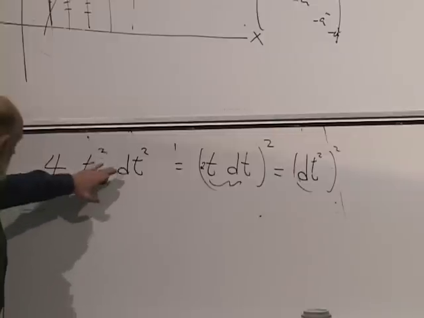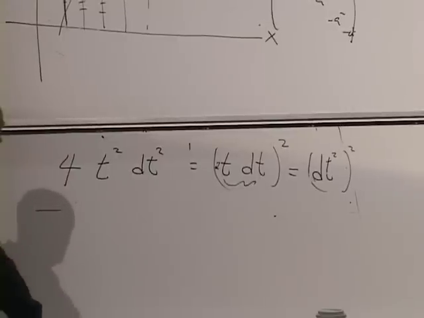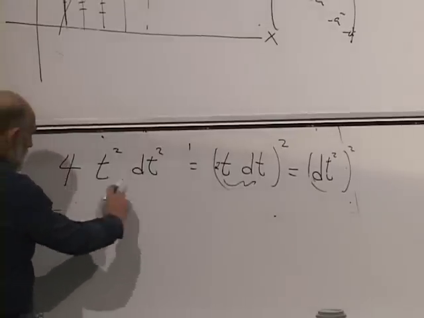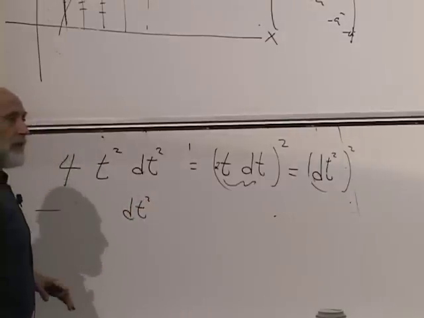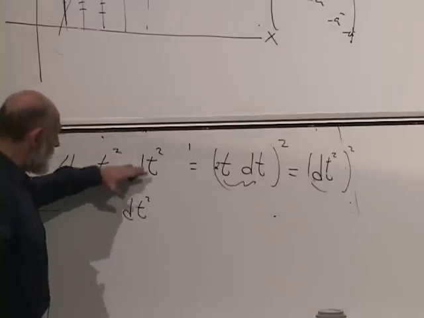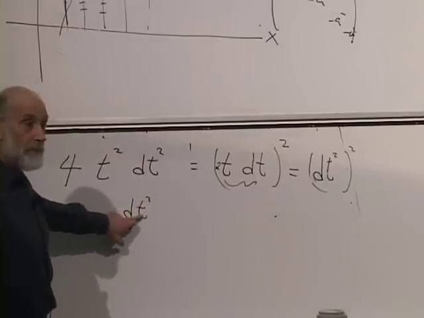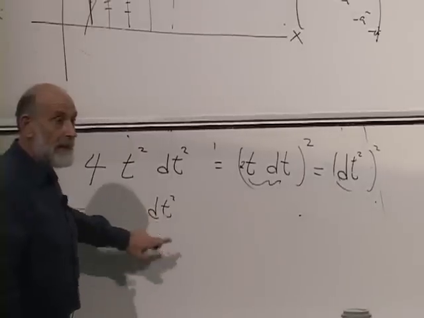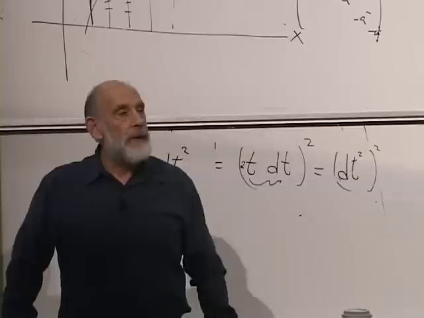Given a thing like this, you can always change variables to a new definition of time where this becomes just dt squared. If it's not dt squared, you can find a new change of the time variable where it becomes dt squared. Yeah? I think there's another possible question about whether there should be c squared dt squared.